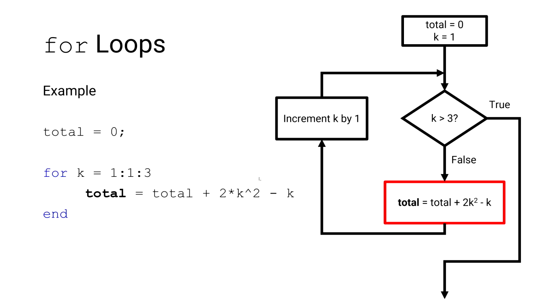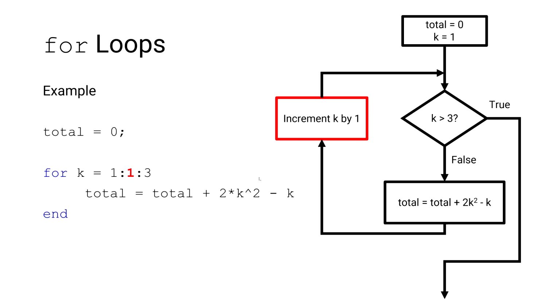So our new value of the total is assigned the value of the previous value of the total plus 2 times k squared minus k, where in this case k is equal to 1. So we evaluate this expression and our new total is equal to 1.